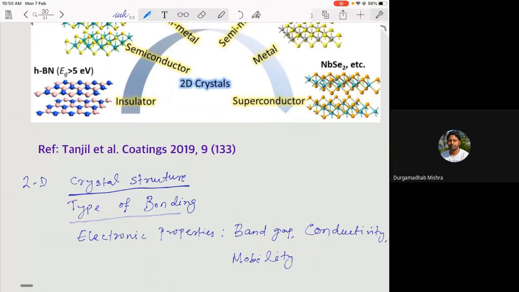To replace that with something new that still competes with silicon in the cost and performance of ICs is a challenge for the future. Okay, I'll stop here. Any questions?